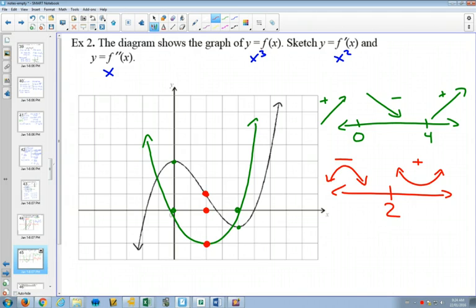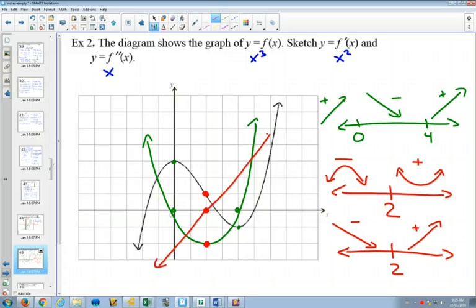If we thought of our second derivative as the first derivative of the first derivative, looking at our green first derivative, can you see that your green first derivative is going down and then going up? So as far as that goes, you would have had negative and positive. So we know that our line has to have a slope like this.